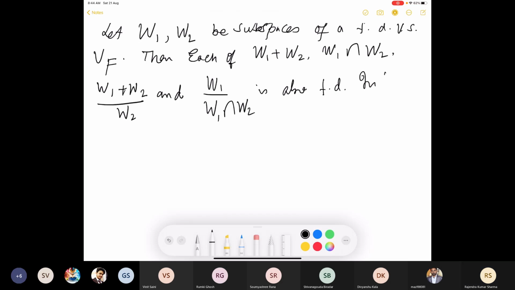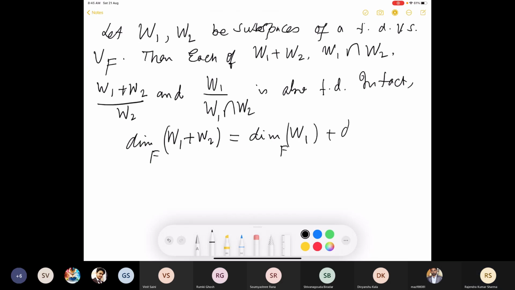Moreover, what we can see is that the dimension of this sum W1 plus W2 as a subspace is actually the dimension of W1 over F plus the dimension of W2 over F.